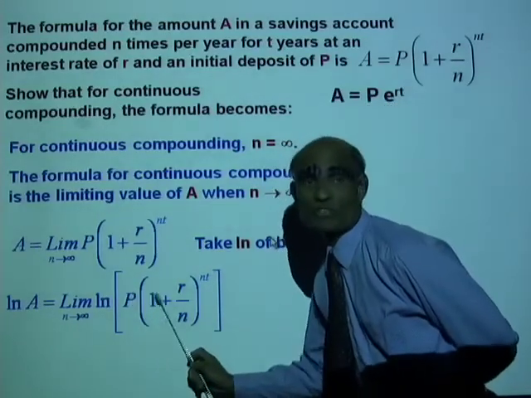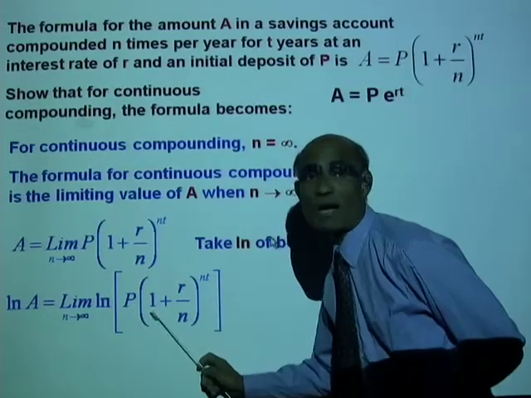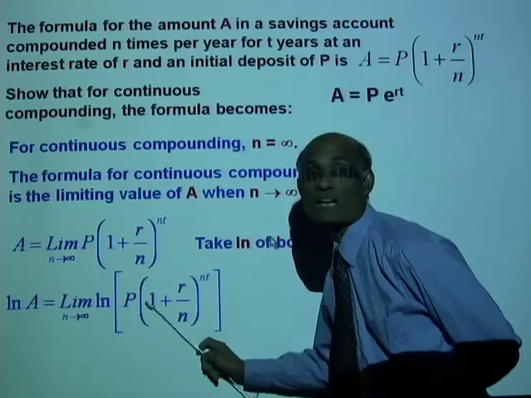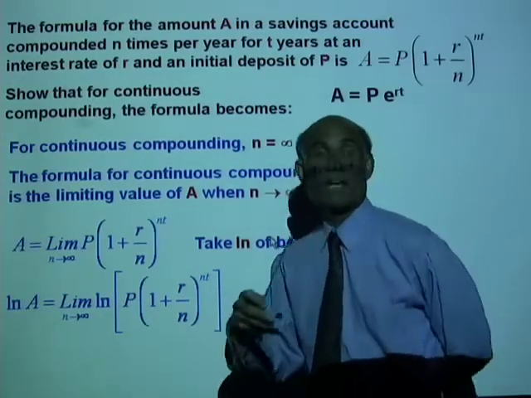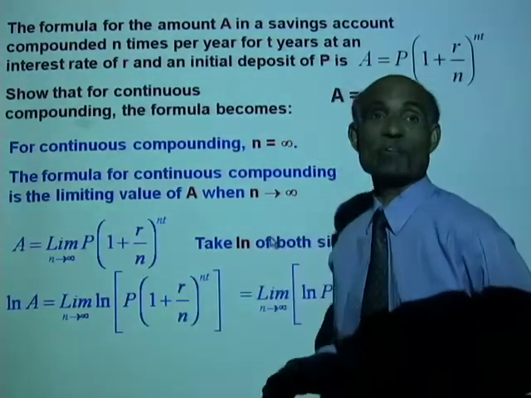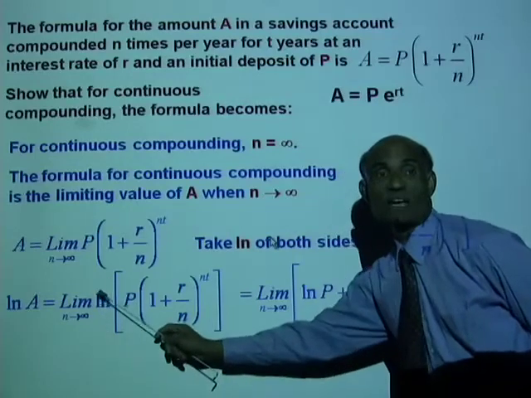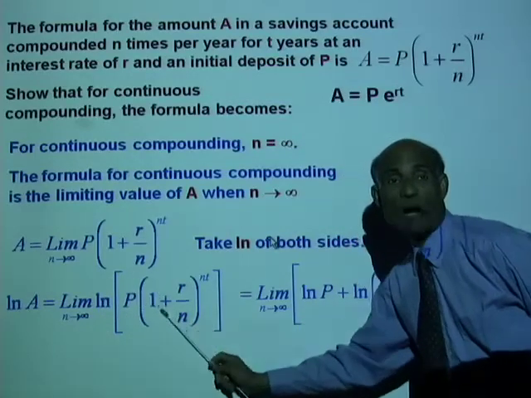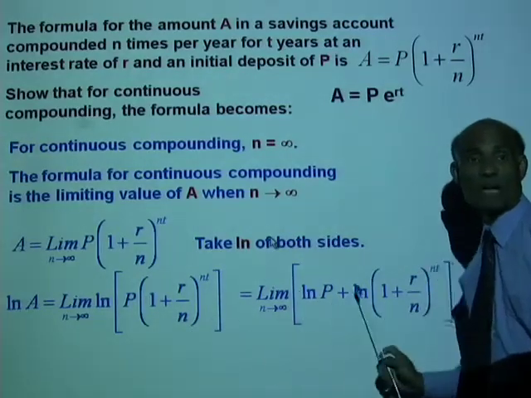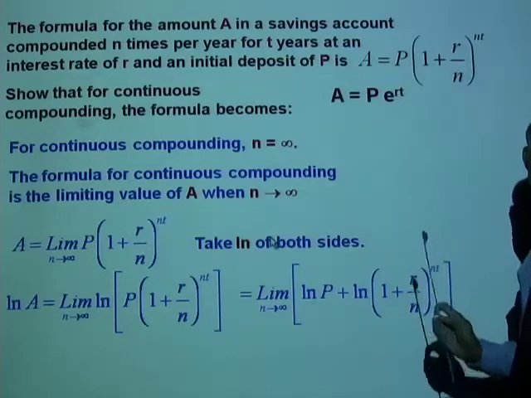Can you write this in a simplified form? ln of P times a quantity will be ln P plus ln of that quantity. ln of A times B is ln A plus ln B. So, first of all, we simplify this as ln of P times this is ln P plus ln of 1 plus R over N to the power of NT.